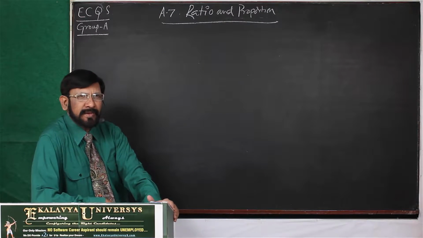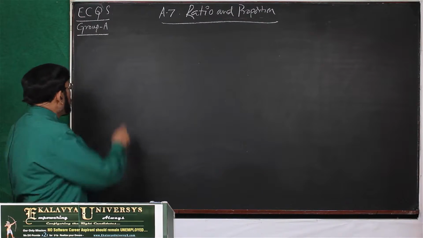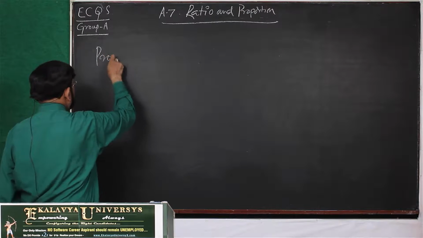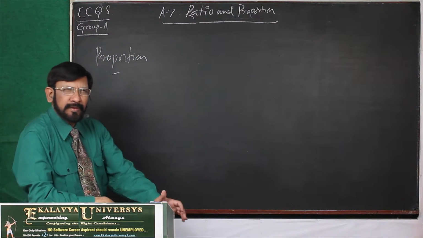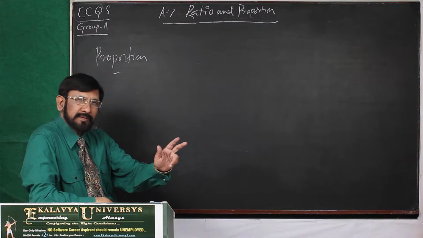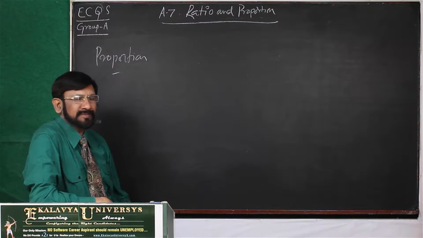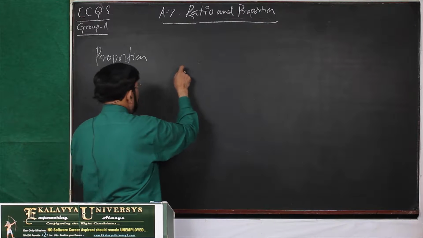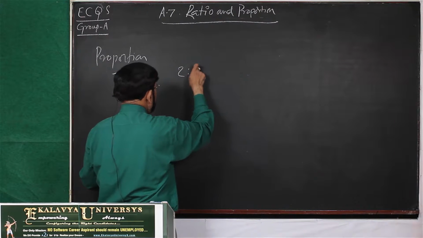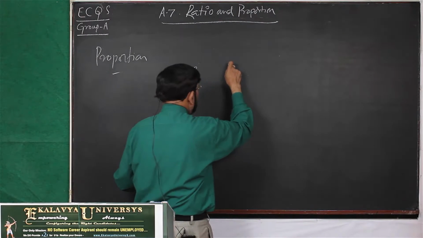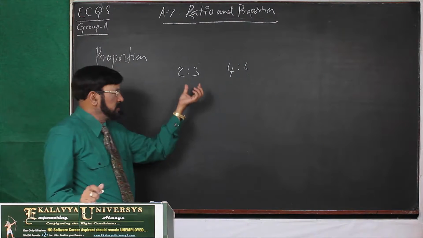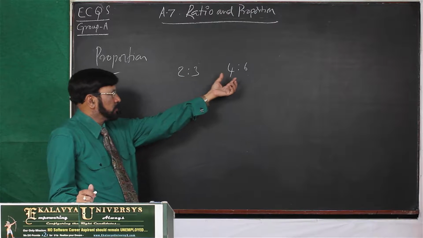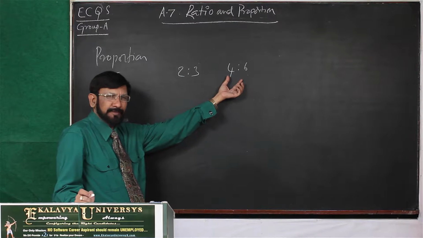Now I explain the corresponding term, proportion. A proportion represents the equality of two ratios. Now you see 2:3 and 4:6. 2:3 is one ratio and 4 is to 6 is another ratio.